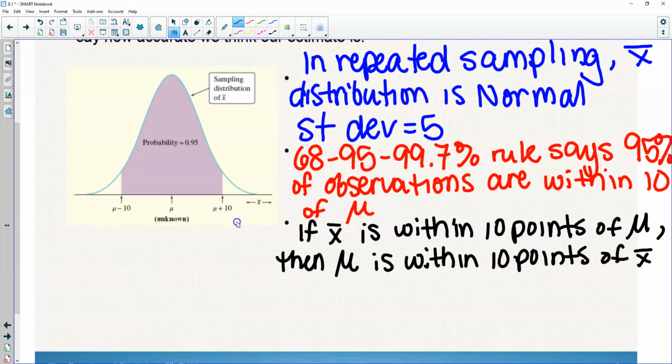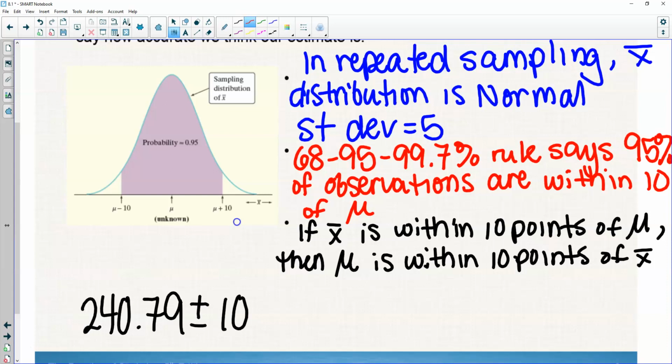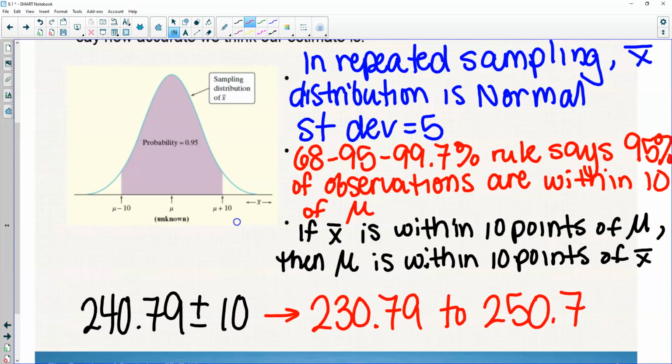So we would take our x bar, which was 240.79, and add and subtract that 2 standard deviation margin of error to get an estimate for a range of where mu could be, of 230.79 to 250.79. We'd be calculating an interval using a method that captures the true mean in about 95% of possible samples of this size.